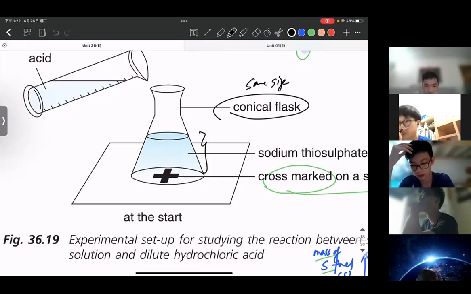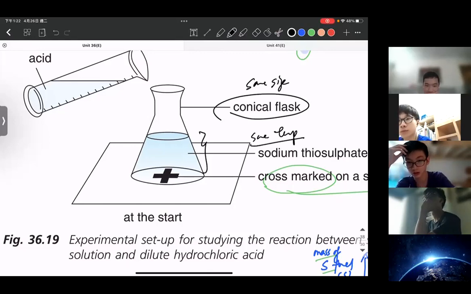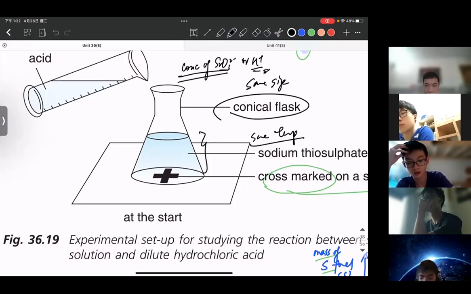Fair test, right? Temperature should be the same, right? And you need to know the concentration of thiosulfate or hydrogen ions. It depends on what is the factor you are going to study. If you are going to change this one, the other should be the same, or vice versa. Can you get my point?